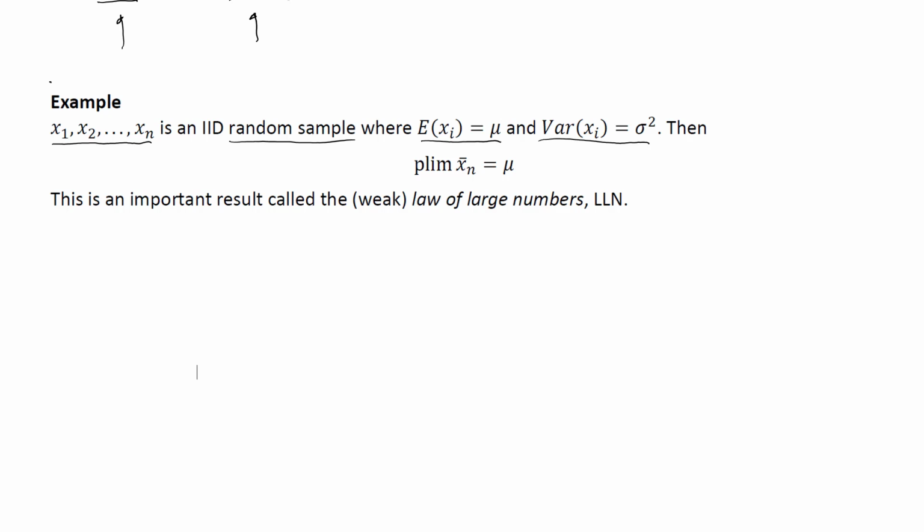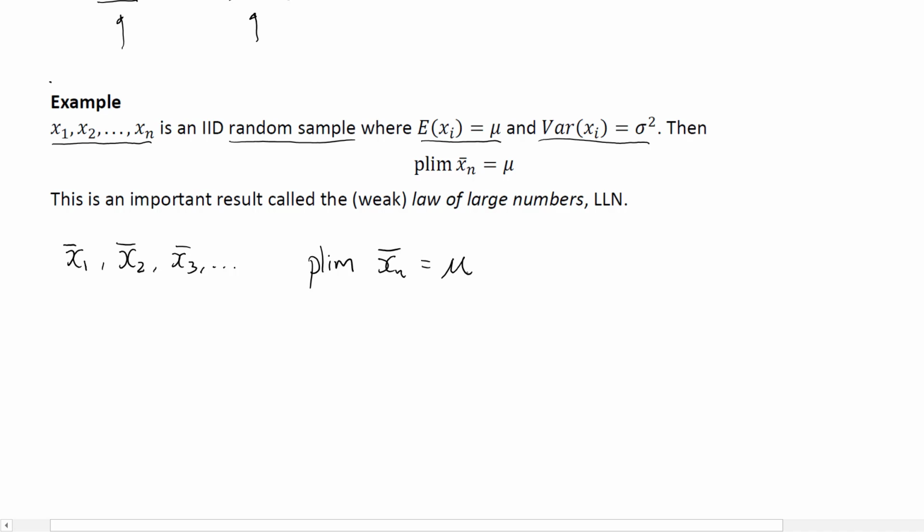Based on this sample, I can define a new sequence of random variables. x1 bar, well, that's just x1. x2 bar, that's the average of my first two observations. x3 bar, and so on. So now n is arbitrary. We allow n to take any value. Then the probability limit of this sequence of random variables will become equal to the constant mu.